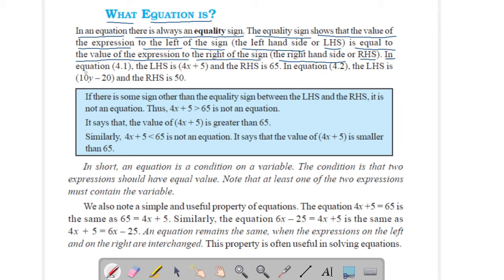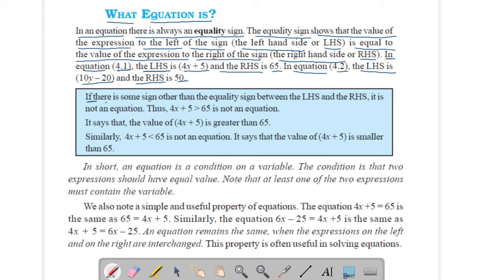In equation 4.1, the left hand side is 4x + 5 and the right hand side is 65. In equation 4.2, the left hand side is 10y − 20 and the right hand side is 50.